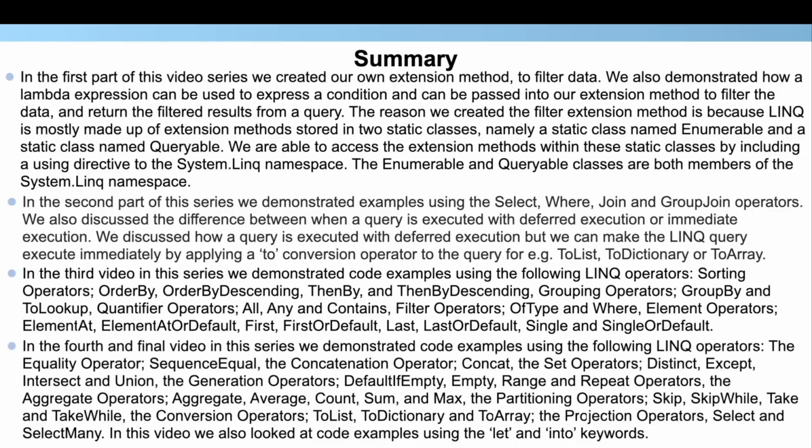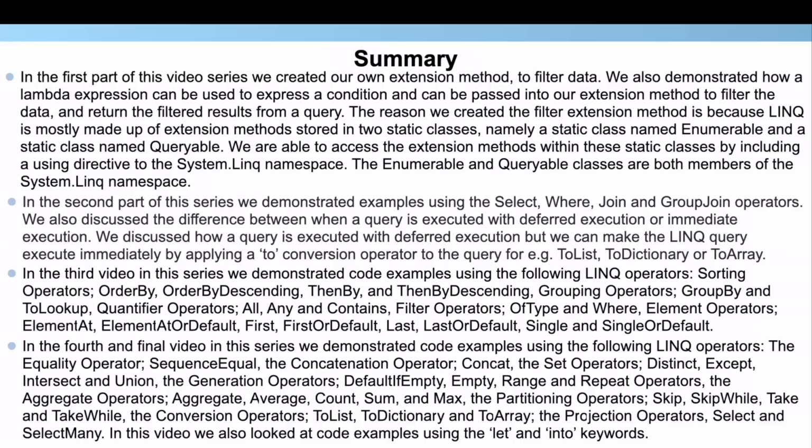In the fourth and final video in this series, we demonstrated code examples using the following LINQ operators: the equality operator, SequenceEqual; the concatenation operator, Concat; the set operators, Distinct, Except, Intersect, and Union; the generation operators, DefaultIfEmpty, Empty, Range, and Repeat operators.